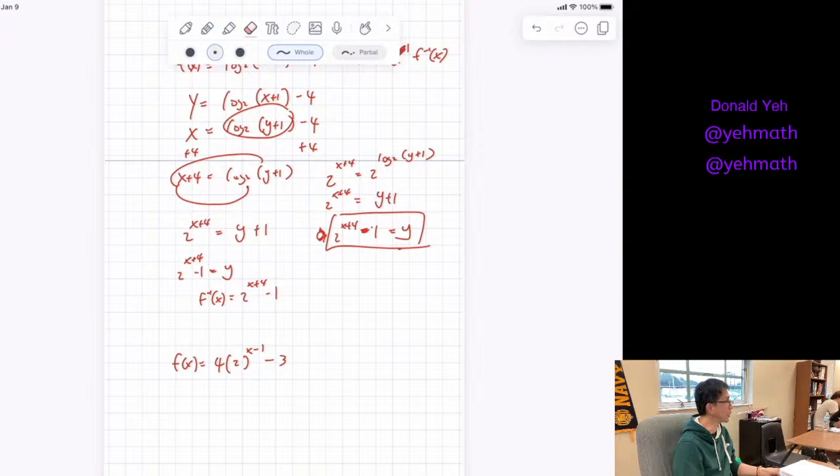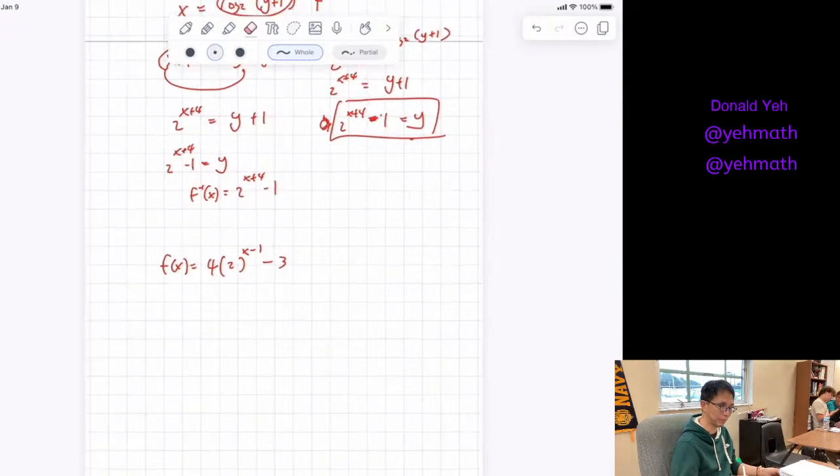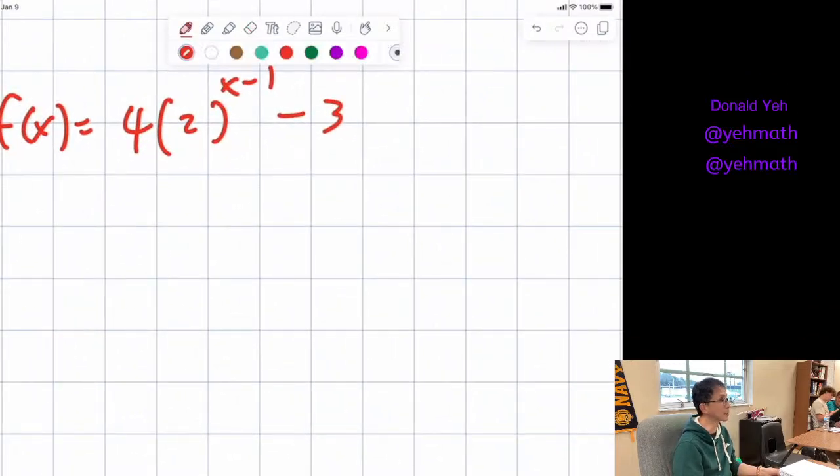So how do I convert this one? How do I find the inverse of this? I'm going to include this on the test because the AP exam asks a lot about it.